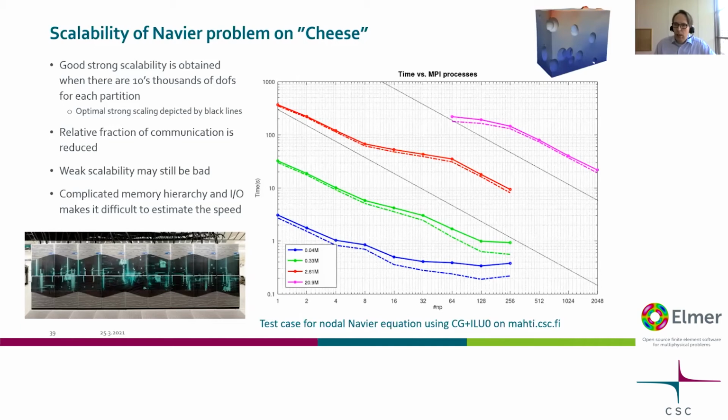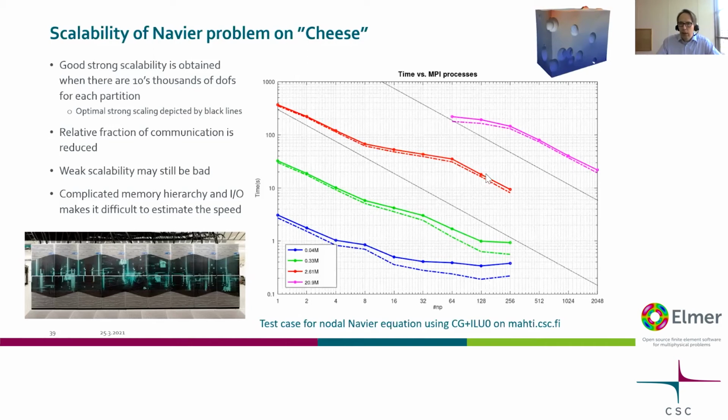So if the task is large enough, like here we have 20 million unknowns, we certainly can get quite good strong scaling even for the larger jobs. It's really difficult to always analyze why these graphs are as they are, because there is a complicated memory hierarchy and I/O patterns.